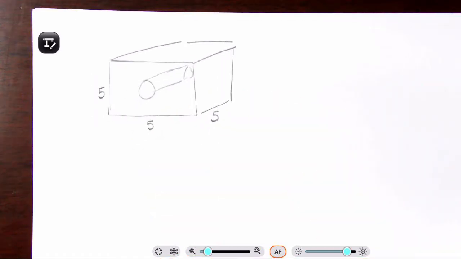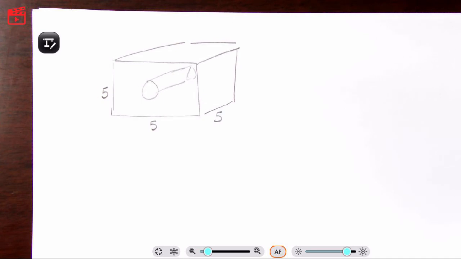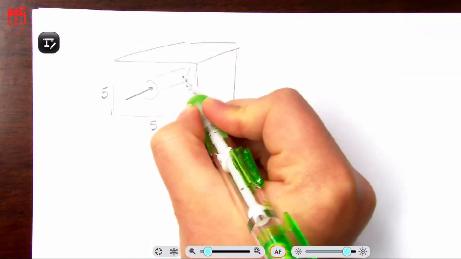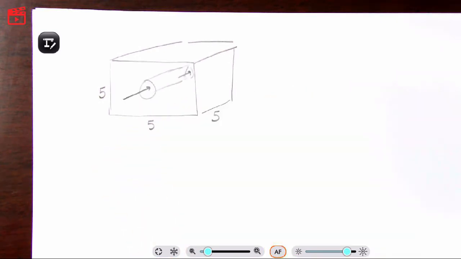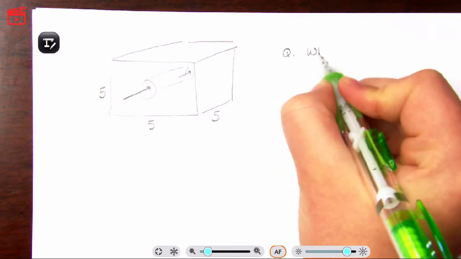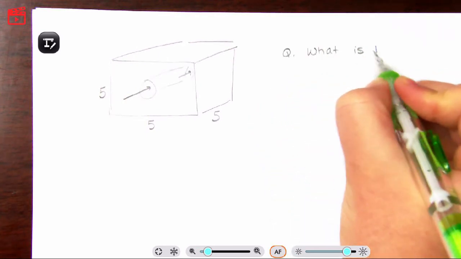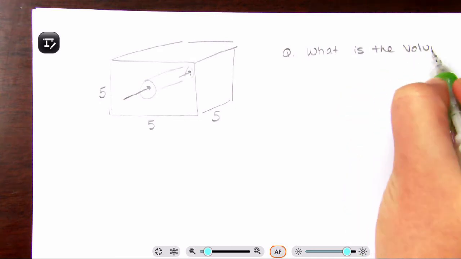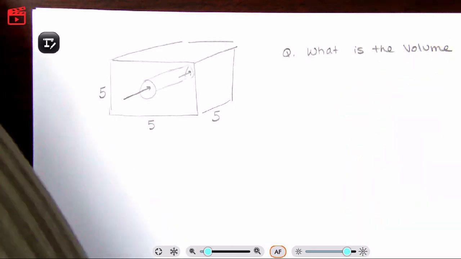Think of it as, I don't know, maybe like a tissue box that's fallen down, tissue holder box, I don't know. But it's a cube with a cylinder that's been drilled out all the way. So my question is, again, what is the volume of the figure?